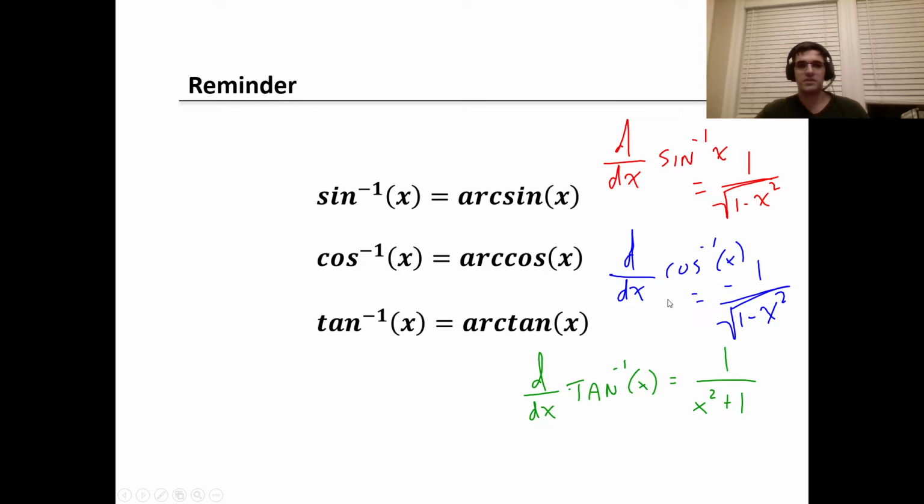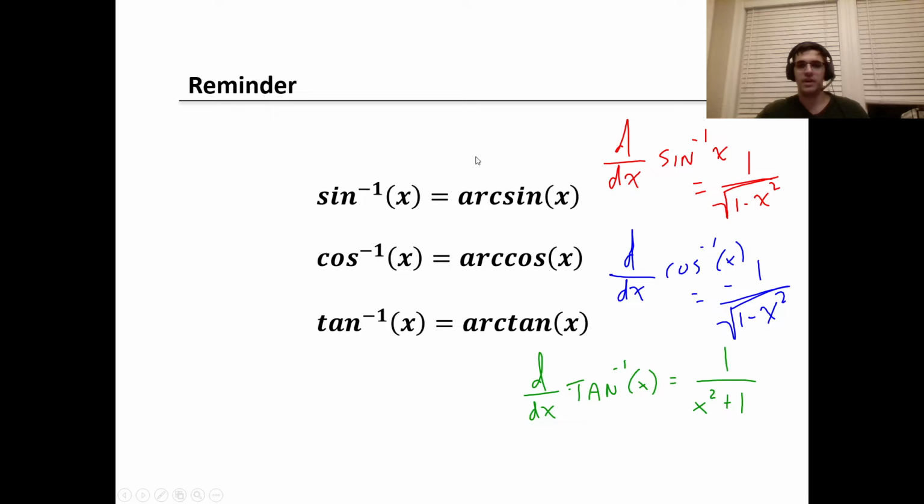All right, so some examples here. A quick reminder, there are two ways to write inverse trig functions. We could use the exponent of negative 1, so sine inverse, cosine inverse, tangent inverse. We also use the terms arcsine, arccosine, and arctan. Those mean the same thing.